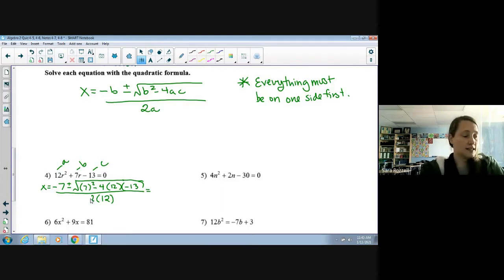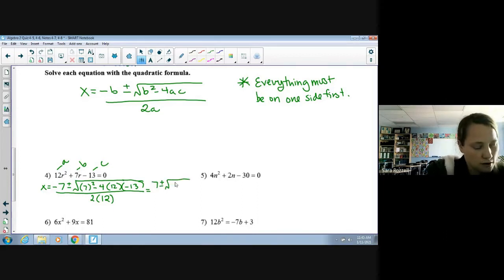And I think I got 673. So I just put the stuff underneath into the calculator. So I'm going to write 7 plus or minus the square root of 673 all over 24.